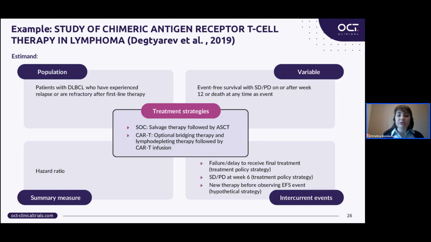So let's consider the treatment attribute first. The study could be intended to evaluate the effect of CAR T against transplantation alone, focusing on the potential curative characteristics of both options.